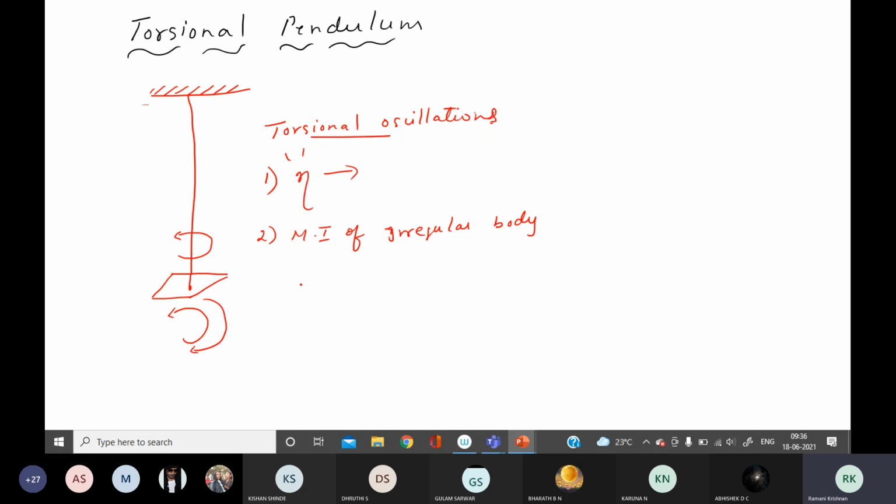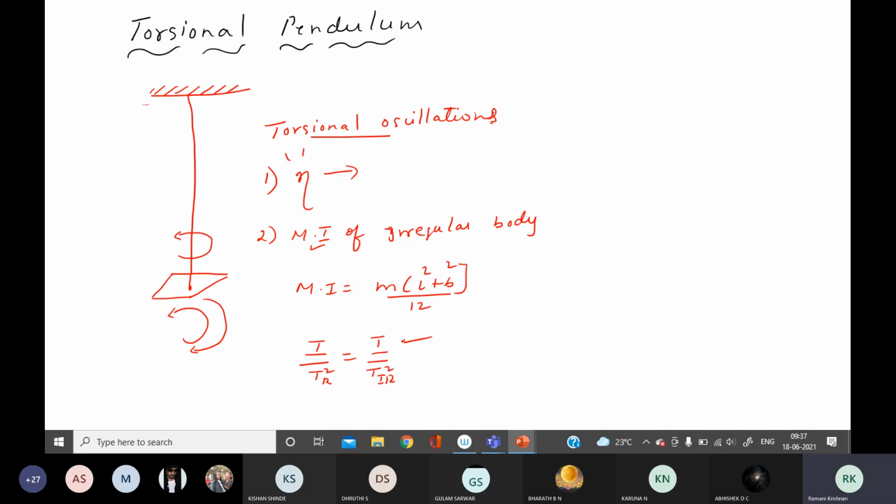For example, for a rectangular body, the moment of inertia is given by M (L square plus B square) by 12. We can derive the formula for regular bodies, but for an irregular body, we cannot directly find the moment of inertia. So we first find the moment of inertia of the regular body, then compare it with the irregular body.